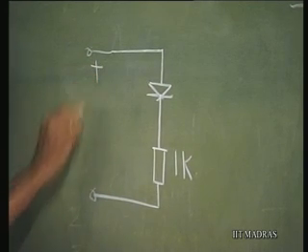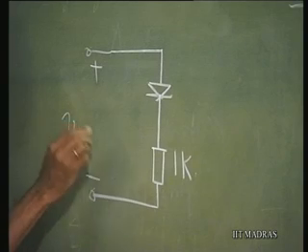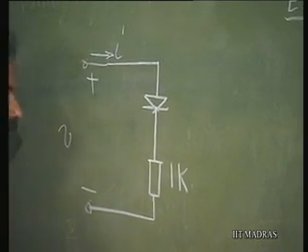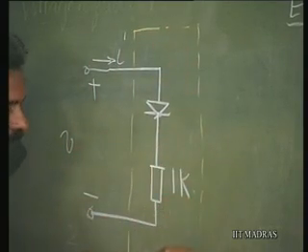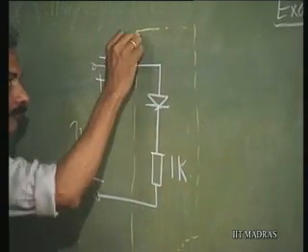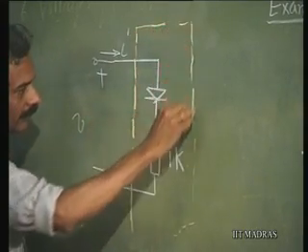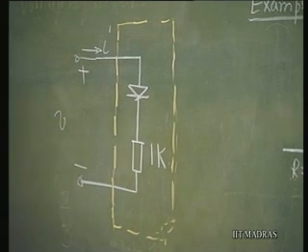So, I am now going to ask you, plot V versus I for this special circuit that we have made along with diode and resistor. This is our circuit, two terminal circuit, composite circuit, which uses a diode and a resistor.